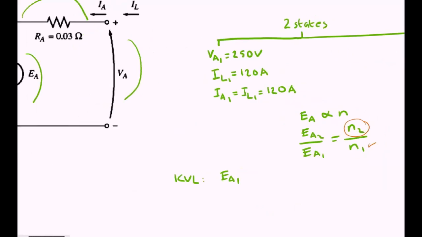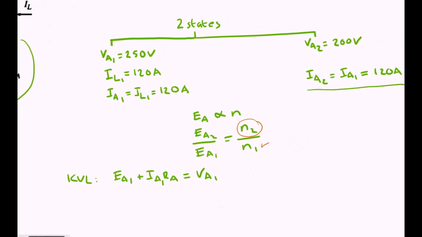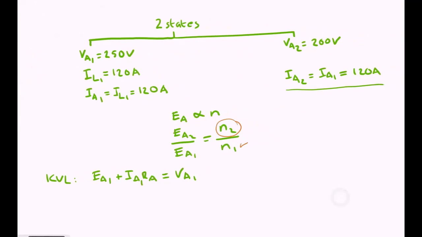So we can write down that EA1 plus IA1 RA, which is the voltage across RA, is equal to VA1. And similarly, for the second state, we can write down that EA2 plus IA2 RA equals VA2.